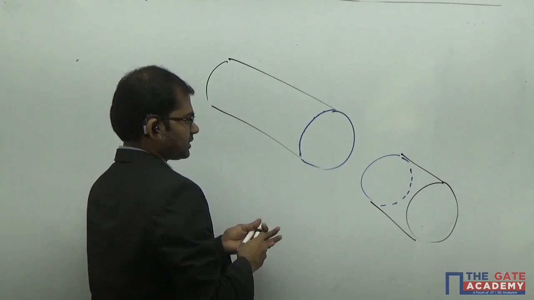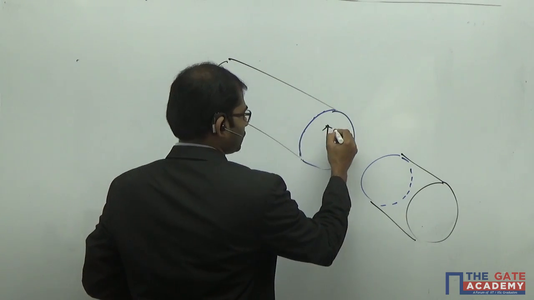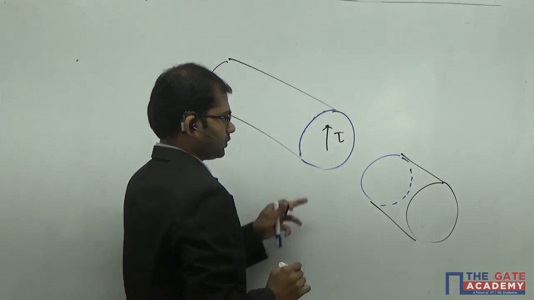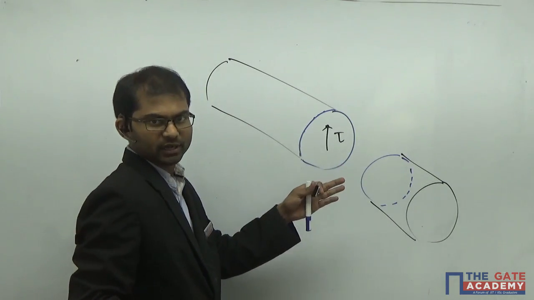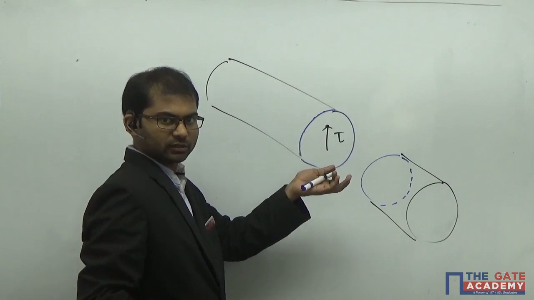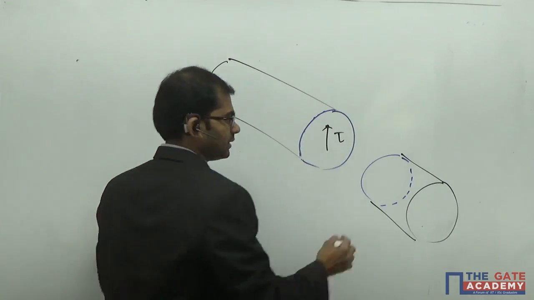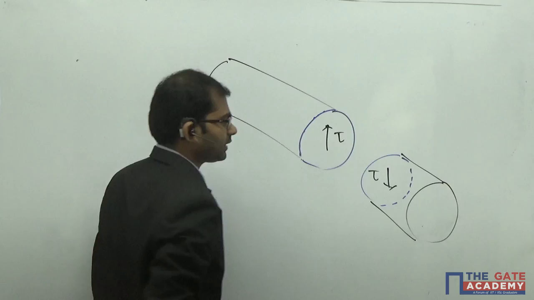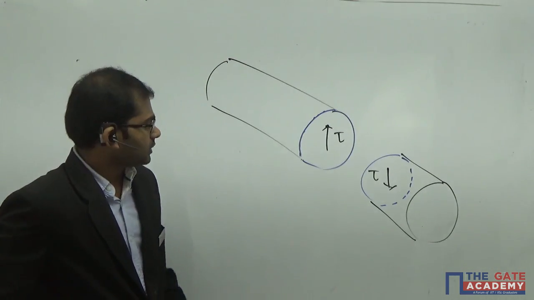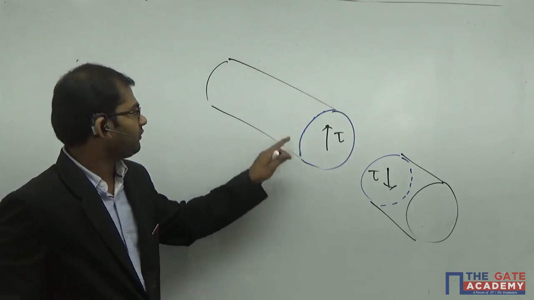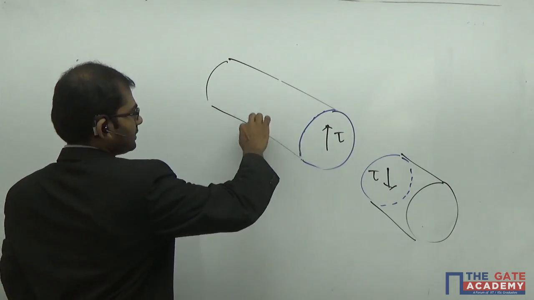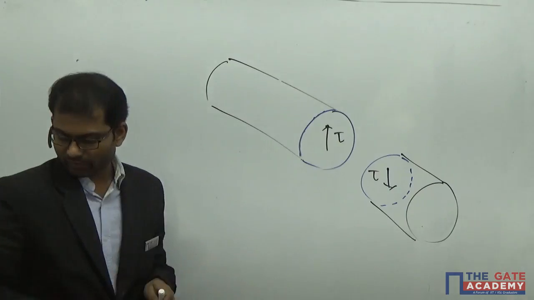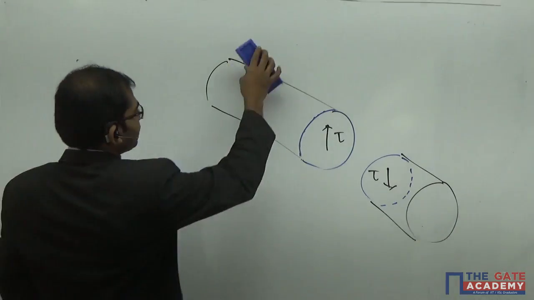This is experiencing shear stress, which I denote by tau. The forces on these two areas make action-reaction pairs, so if you divide the forces by area you get the shear stress, and the shear stresses also take action-reaction pairs. Understand? Now in the same way, if I cut at some other section and separate the two members, I get the diagram in this way.